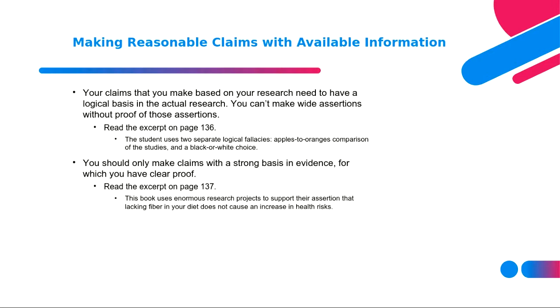All right. Next off, making reasonable claims with available information. Claims that you make based on your research need to have a logical basis in the actual research. Okay, so you cannot just jump out of left field with something that really makes no sense. You can't make wide assertions without proof of them. Okay, so we read the excerpt on page 136 in the video.